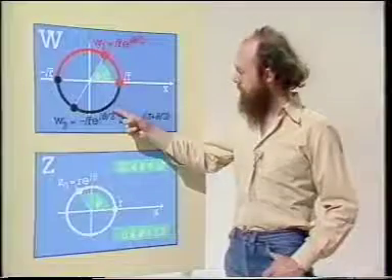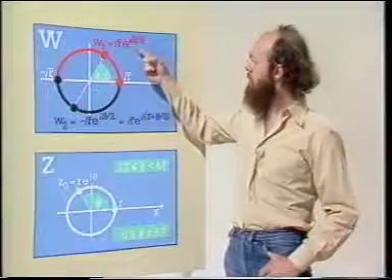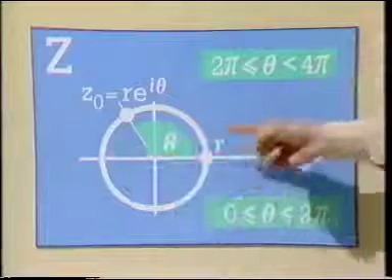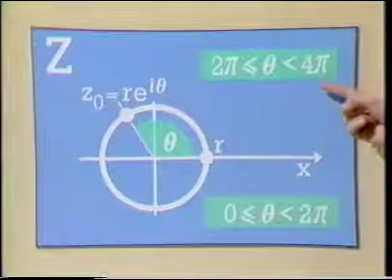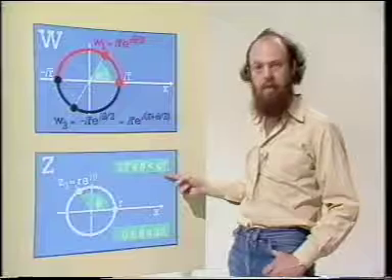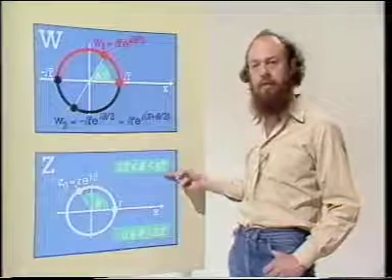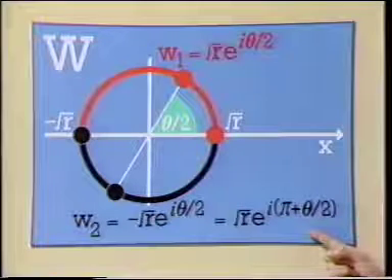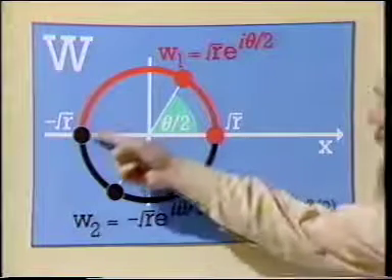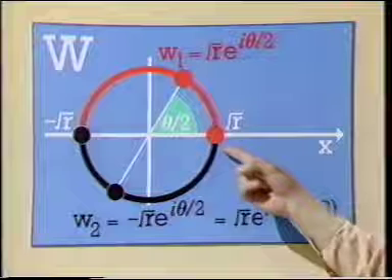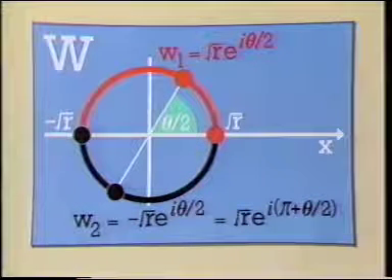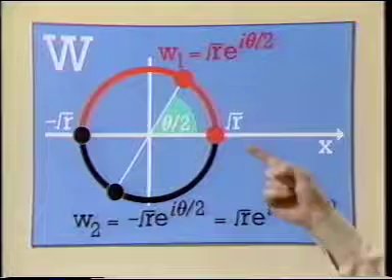To get the other roots, we can actually stay with our first formula and go round the z circle again. We just have to add 2 pi to the values of theta. Therefore, what we have to add to the values of theta by 2 is pi, which gives us the other roots. We just carry on round from minus root r back to root r. So the 2 roots of r swap back again, and we end up with the root of r that we started with.